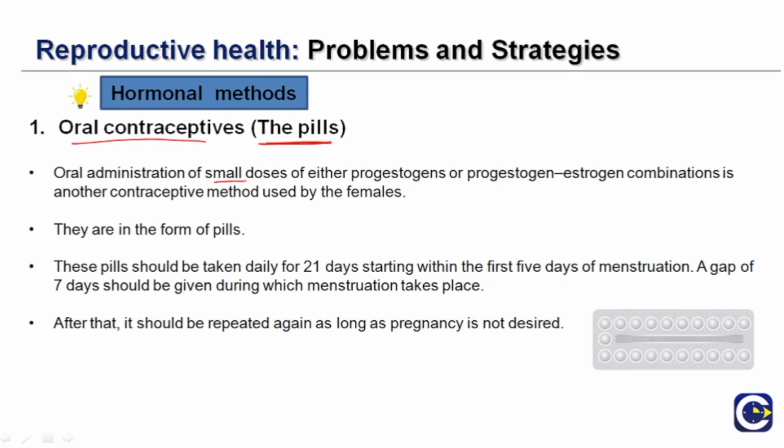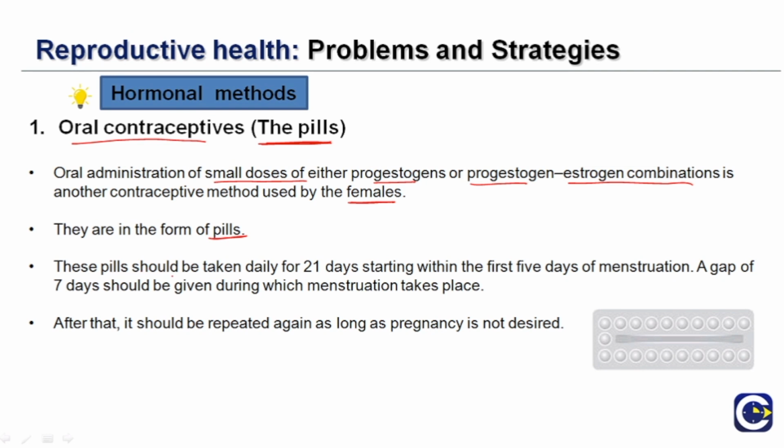Oral administration of small doses of either progestogens or a progestogen-estrogen combination is another contraceptive method that is used by females. And these combinations of different hormones are in the form of pills.